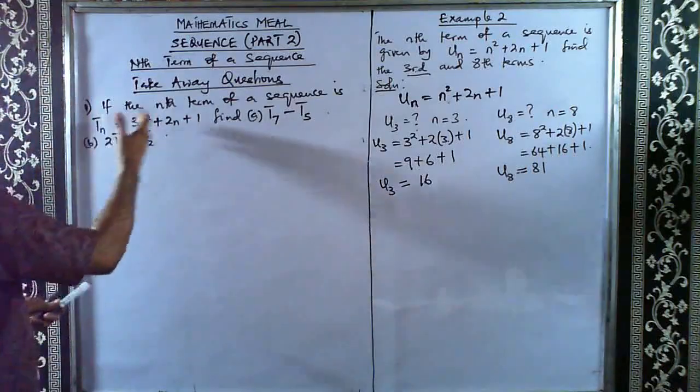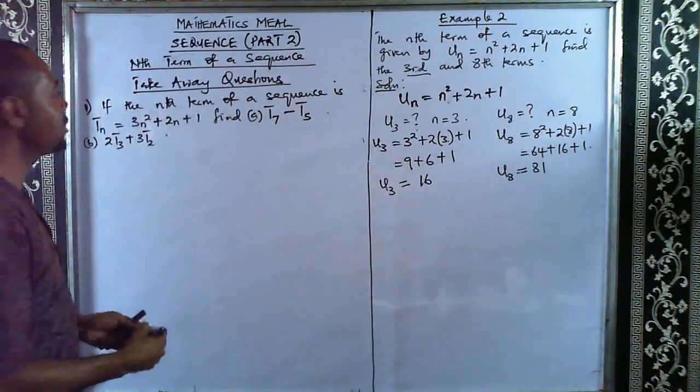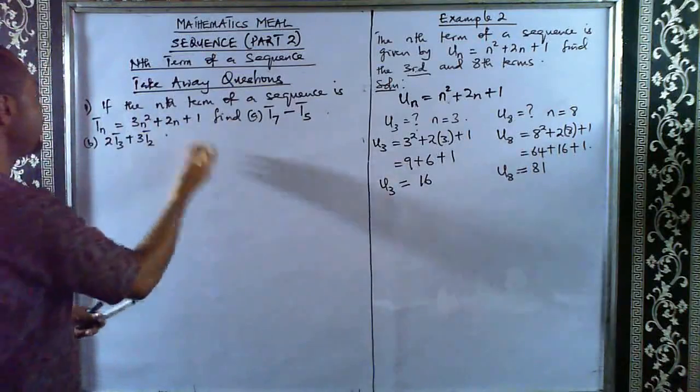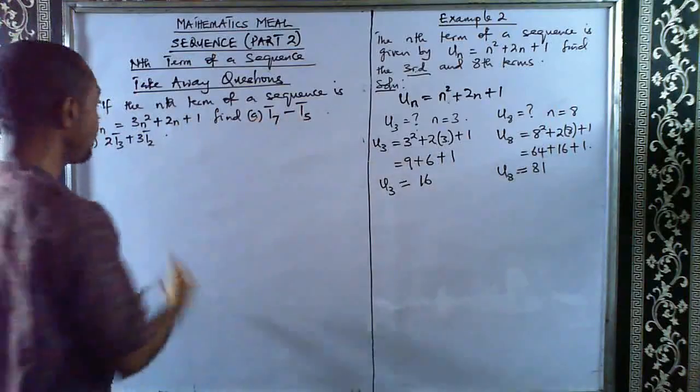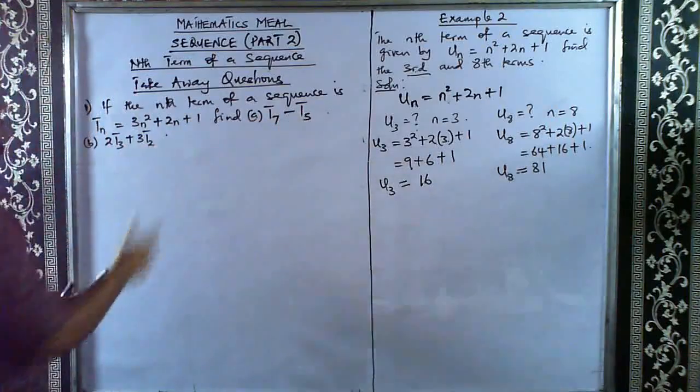If the n-th term of a sequence is this expression, find T7 minus T5 and find 2T3 minus 3T2.